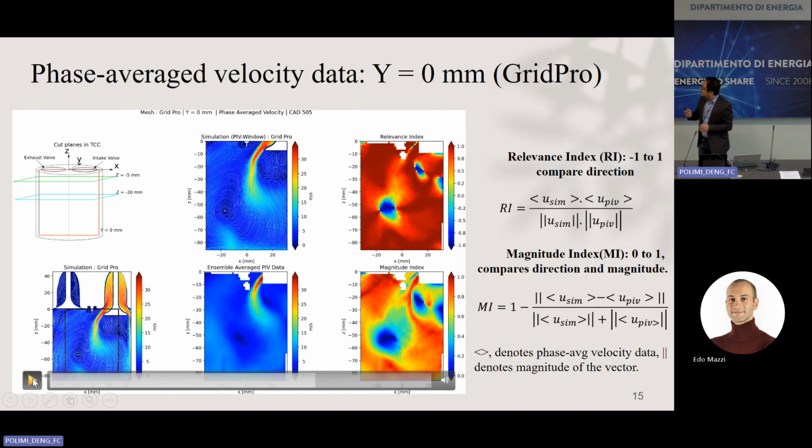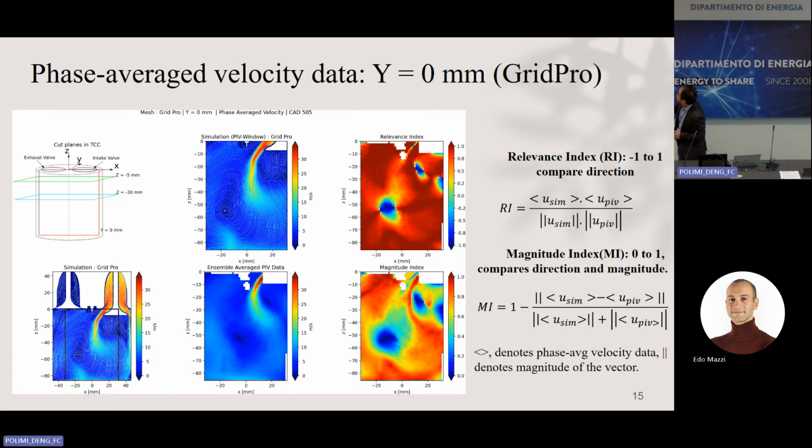I'd like to pause here and show you the experimental data and the simulation data here. As you can see, the jet here is very well modeled. In the relevance index, red is a very exact match, whereas blue is an opposite match, so no match. Similarly for the magnitude index, red indicates a perfect match and blue indicates no match.